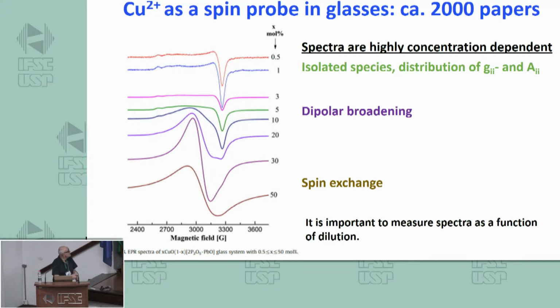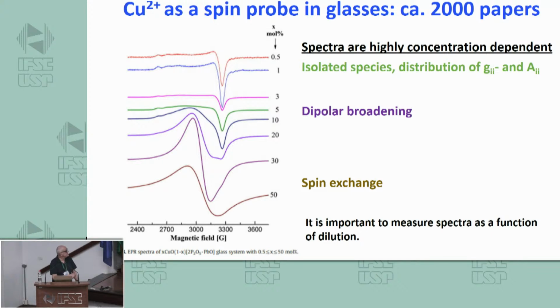So here's an example of what a copper EPR spectrum could look like. Here we have spectra of a lead phosphate glass that has been alloyed with copper oxide, so copper 2+. You can see they changed the concentration of the copper oxide from 50 mole % down to 0.5 mole %. That's a lot of change.